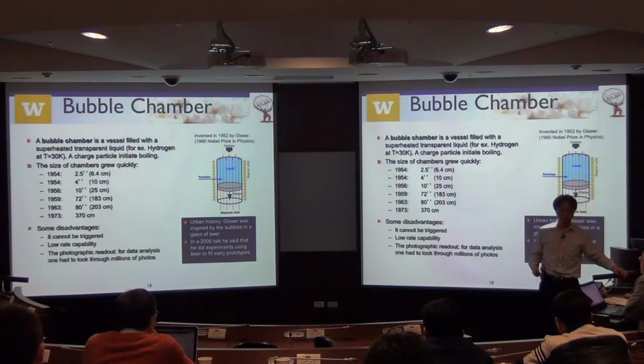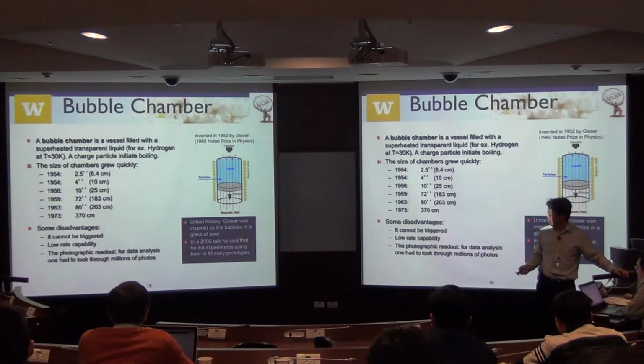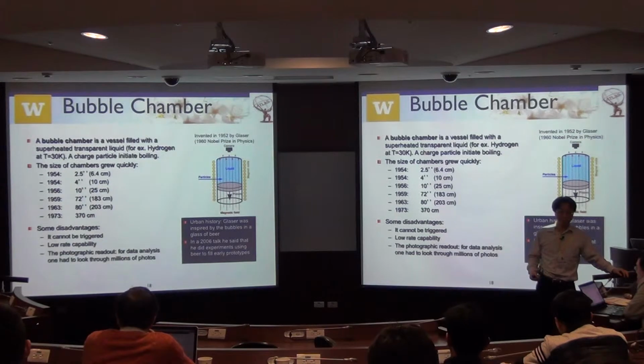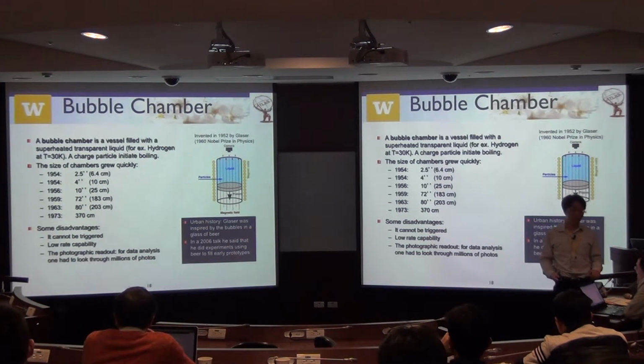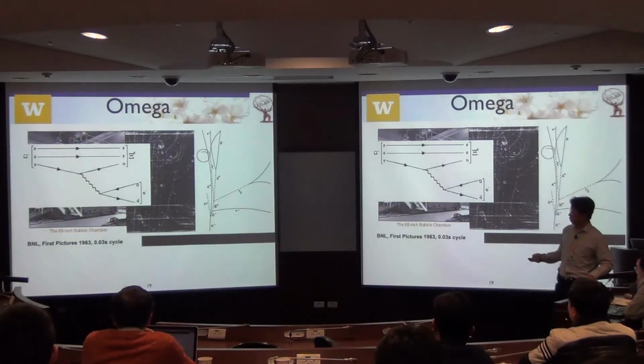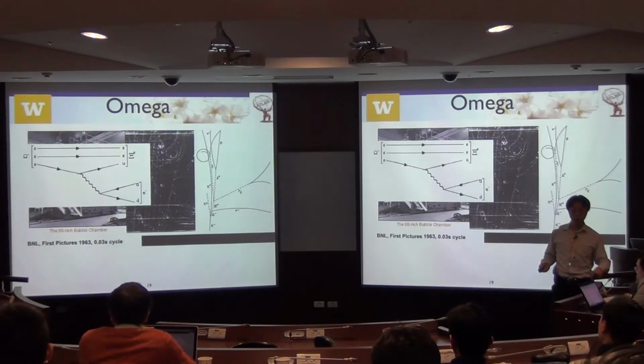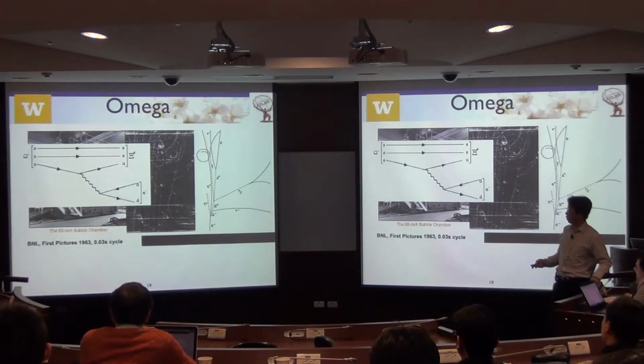That's one of the historical bubble chambers that has now become a museum exhibition. But it drove the movement of hydrogen physics for 20 years. It discovered all kinds of subatomic particles. For example, the omega baryon was discovered by that.